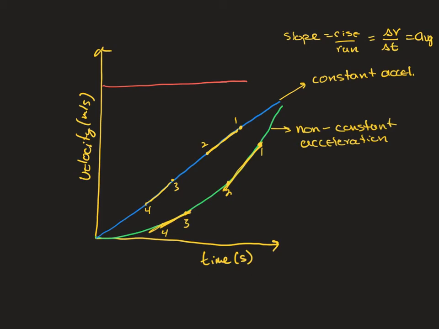Now, let's focus in on our last line here, our horizontal line. Once again, if we look at the slope between this point and this point, there is no rise, so your slope is going to be 0. So this line represents 0 acceleration.